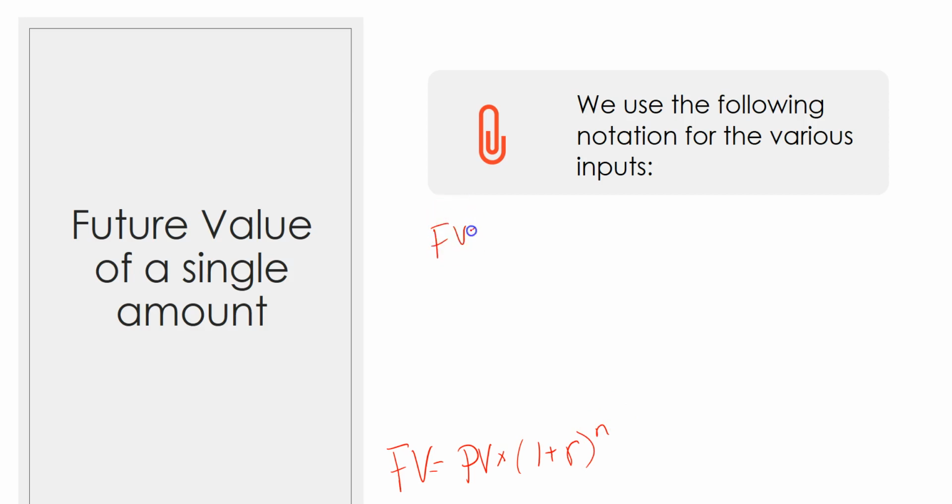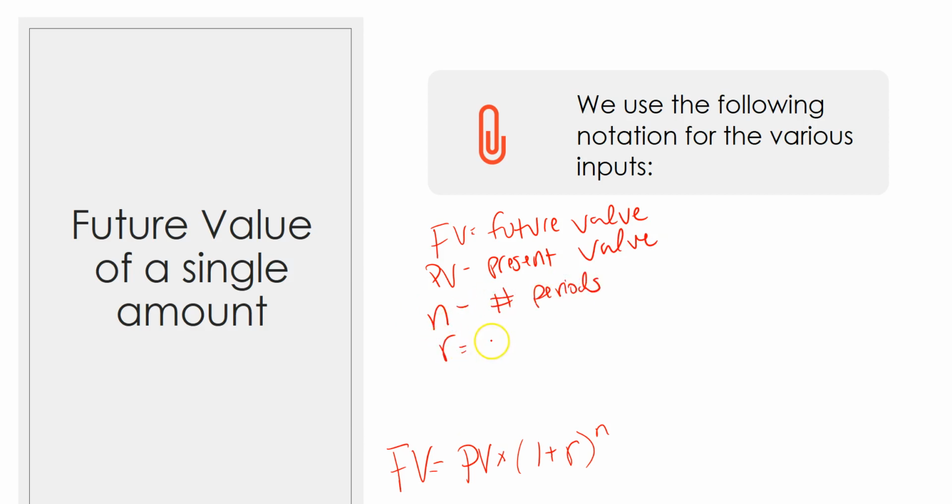So FV is future value. PV is present value. N is the number of periods. And R, sometimes seen as I, on your calculator it's going to be I/Y, is the rate.